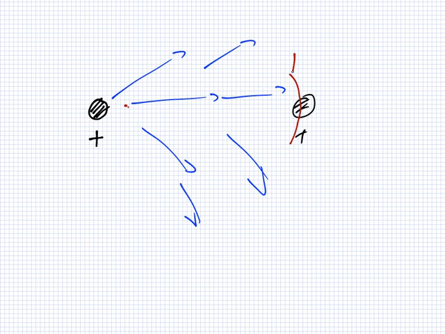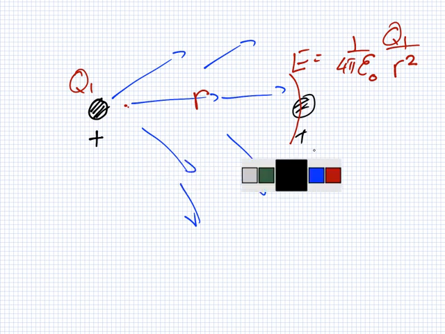The E here, remember, is 1 over 4 pi epsilon 0, and we call this Q1, Q1 over R squared. And this is the distance R. Do you remember this? I hope so. Now, what's the formula for F?